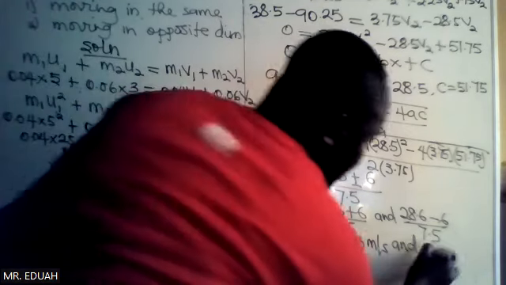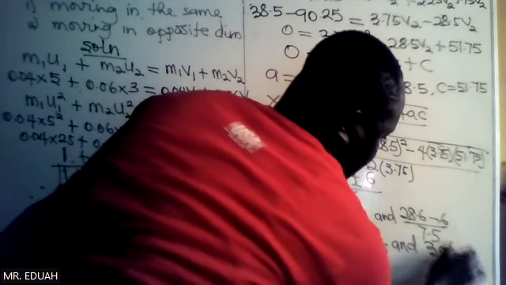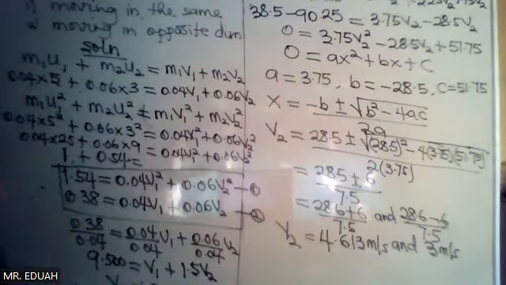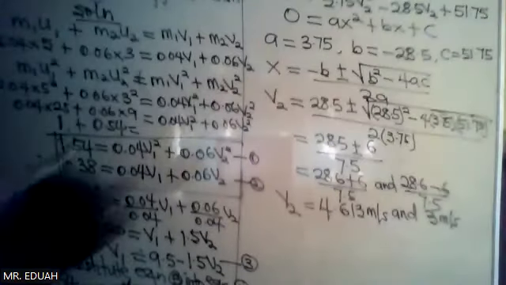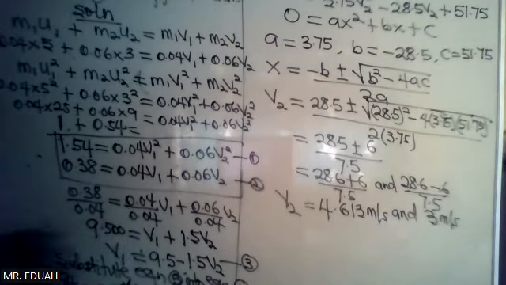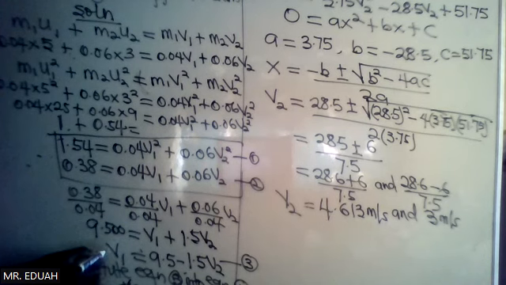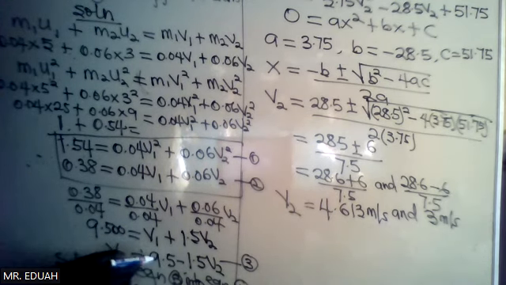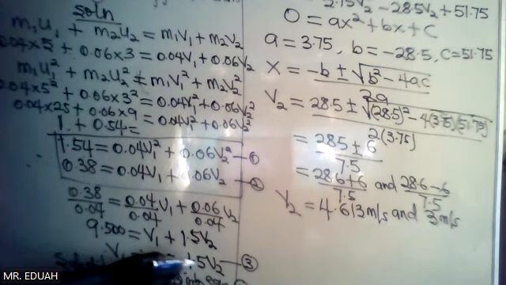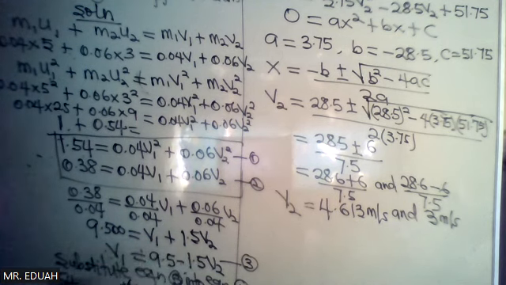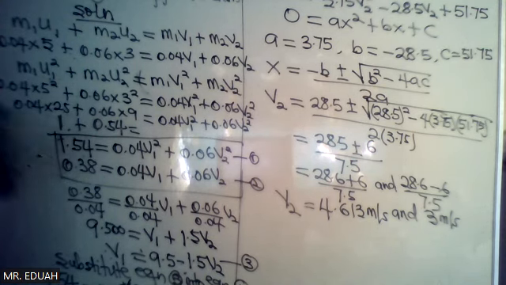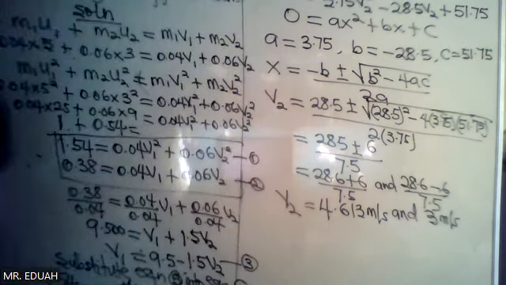So 3 meter per second. So these are the two possible answers for V2. Once we have V2, we can easily use this equation. Look at equation 3. V1 is equal to 9.5 minus 1.5 V2. Hello? Please, I made a mistake. It's 3.01. Okay. So I think it's still within.